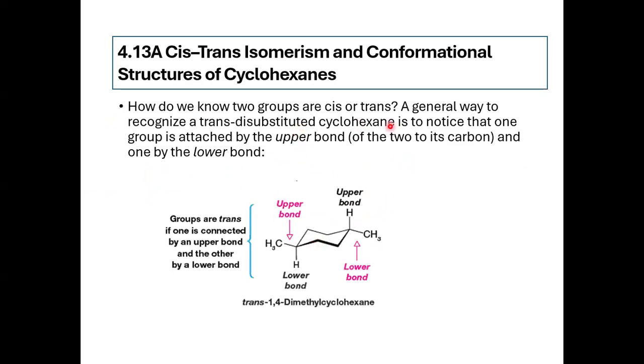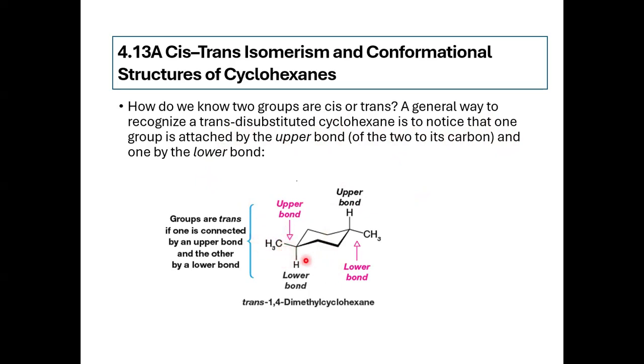So how do we know two groups are cis or trans? A general way to recognize a trans disubstituted cyclohexane is to notice that one group is attached to the upper bond of one carbon and the other by the lower bond. So for example, here, this is up.